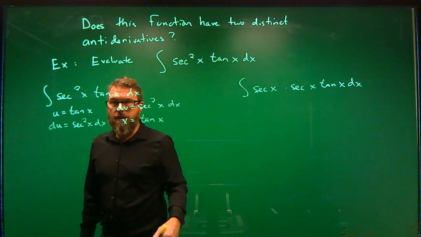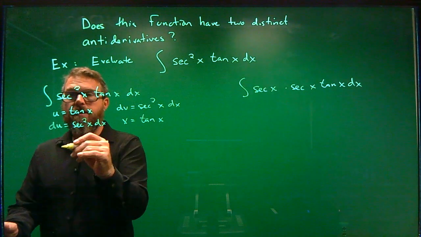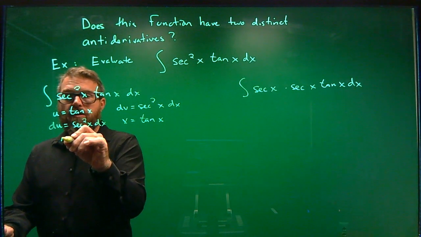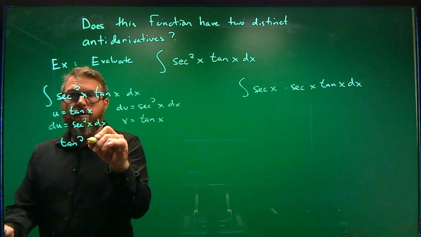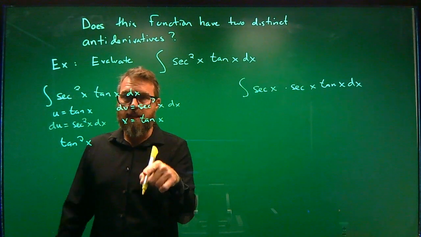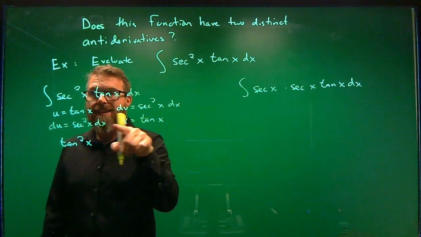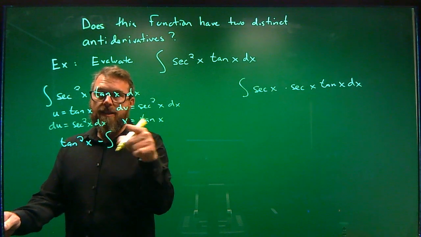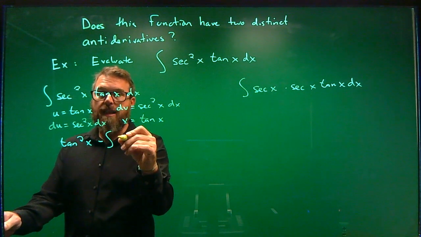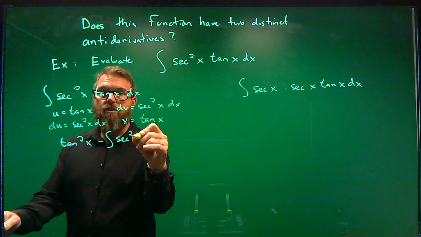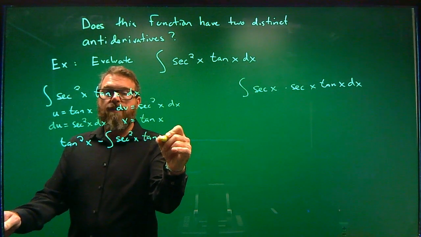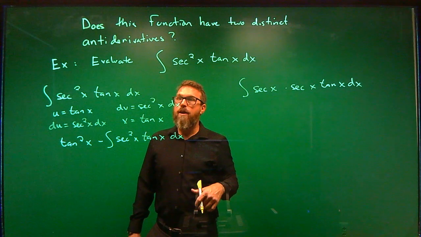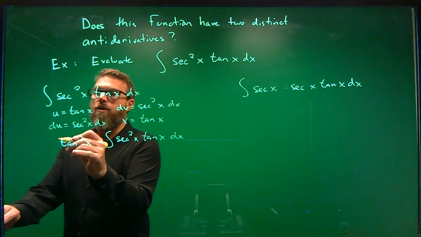So then when I set this up, uv is going to be the tangent squared of x, u times v, minus the integral of v du, so minus the integral of the tangent times the secant squared of x, which is really the exact same expression, the secant squared of x times the tangent of x dx. So now this looks like one of those repeated integrals.